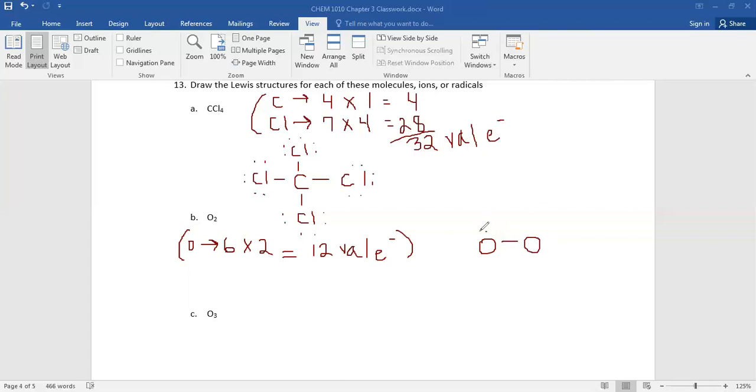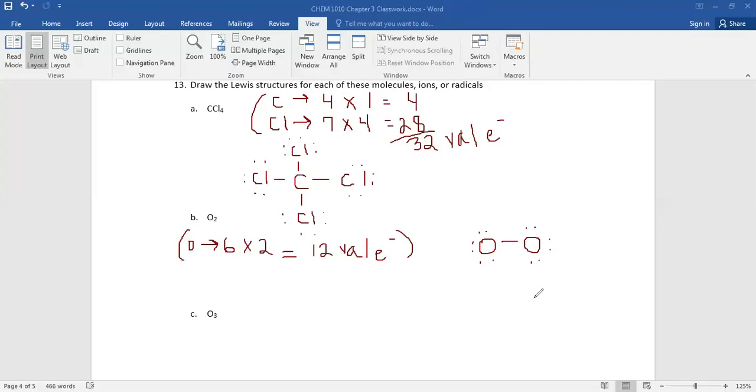Then you put the pairs of dots around each oxygen so that each is now surrounded by 8 electrons total. Then we count up the total electrons we've put in. We've got to have a total of 12: 2, 4, 6, 8, 10, 12, 14. Okay, we've got too many.